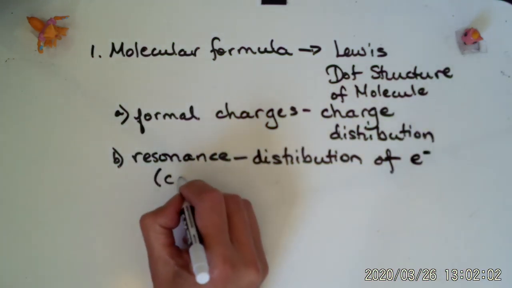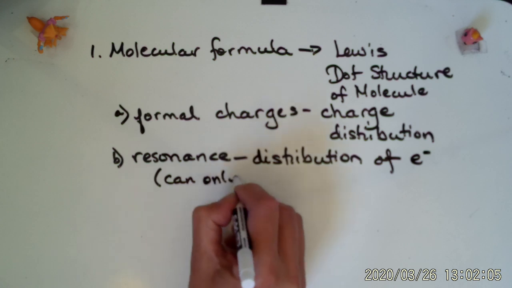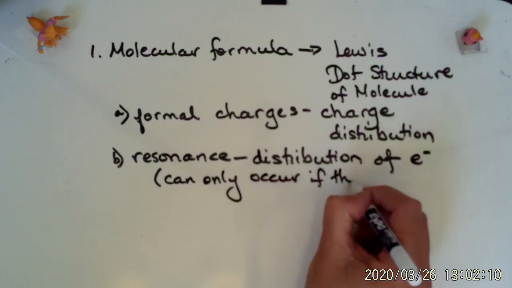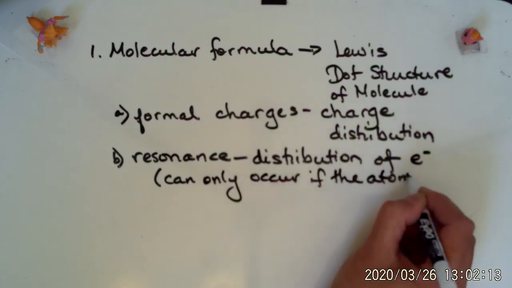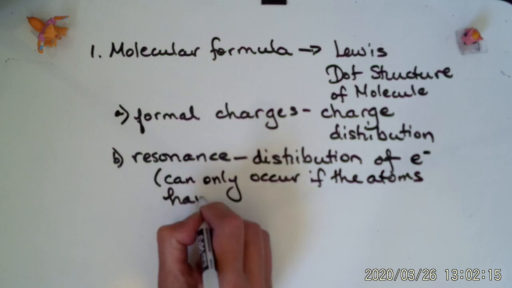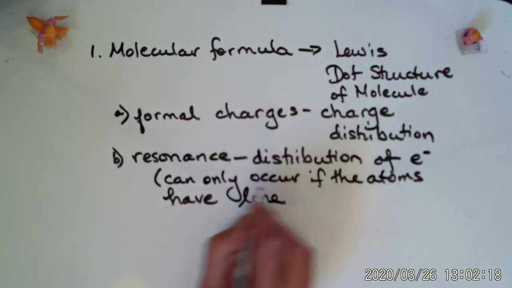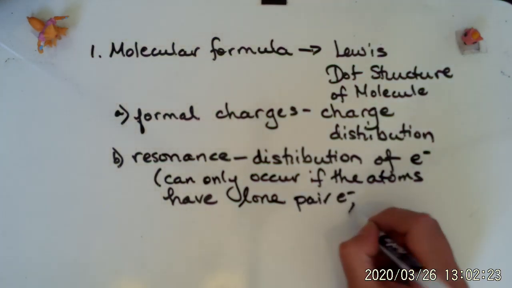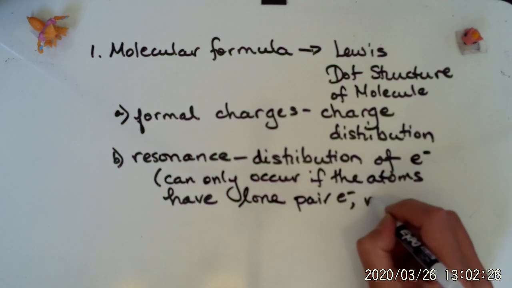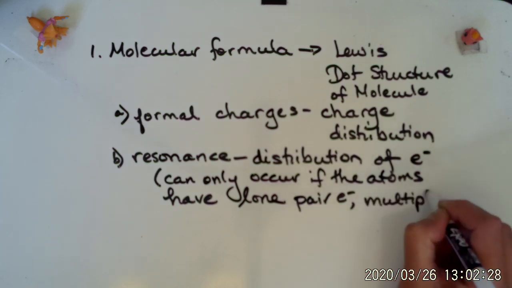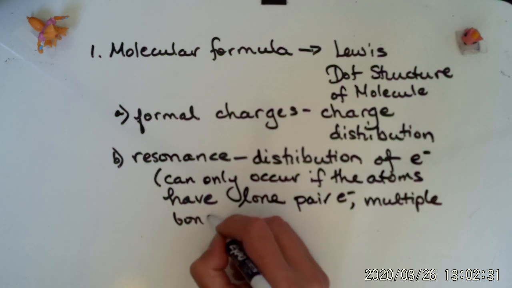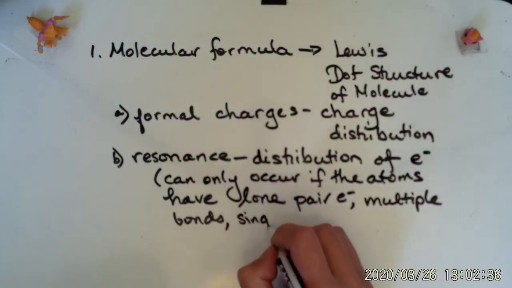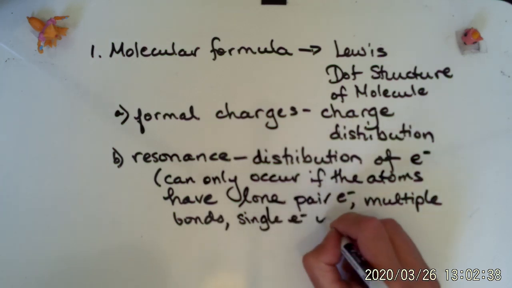Can only occur if the atoms have lone pair electrons or multiple bonds. Or, rare but we do see it, where you have a single electron in a radical.